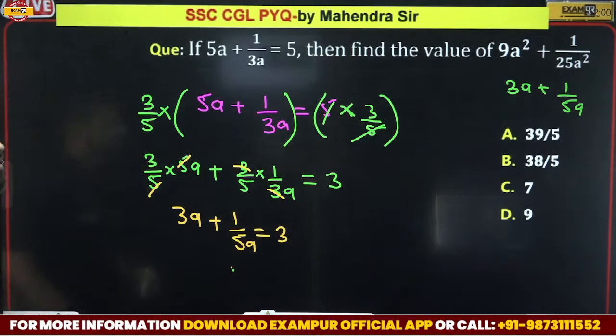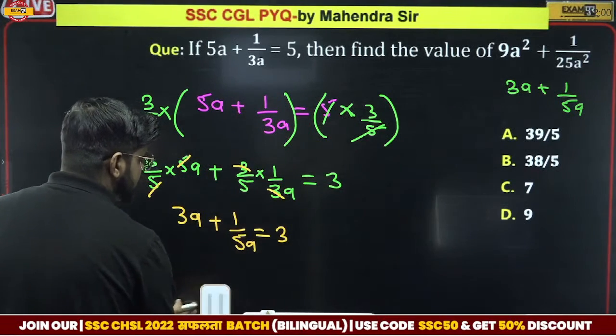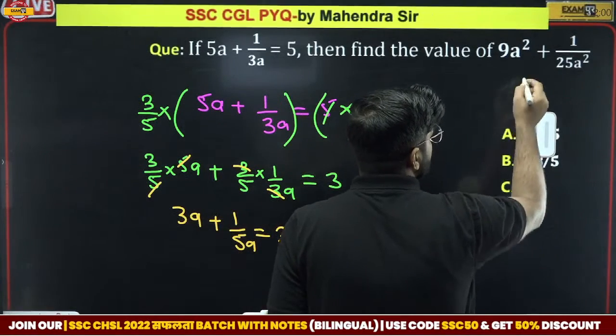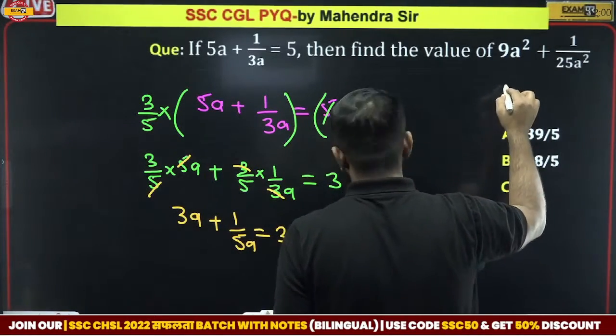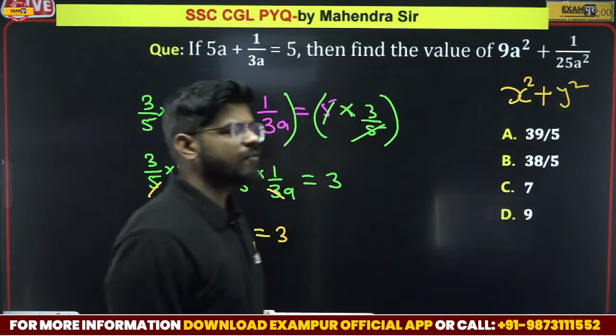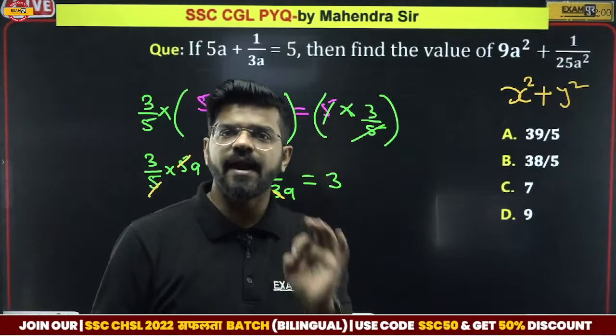Now we have to calculate this thing. If it is a square plus b square, suppose it is x square plus y square, and for x square plus y square we need two things, x plus y and xy.